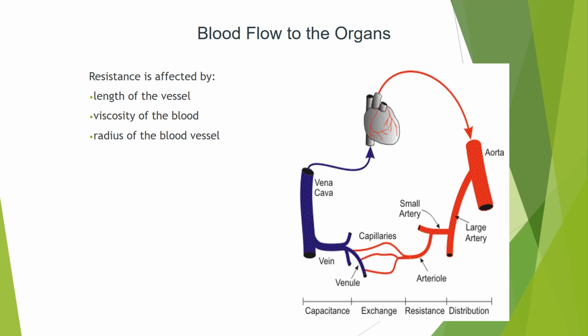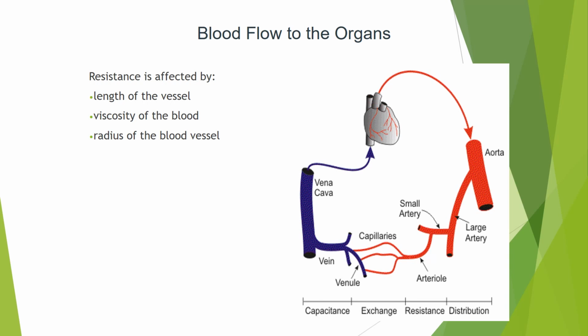For example, with polycythemia, we'll see this in areas with high altitude. However, viscosity typically under normal physiological conditions does not change, just like the length of the vessel.